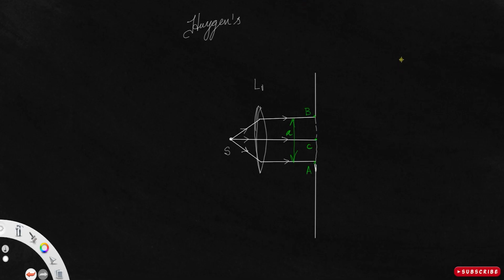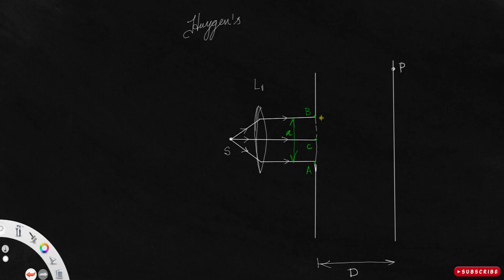Before that, let me consider a screen here, at some distance, let's say D from the slit. Let me mark this point as P.